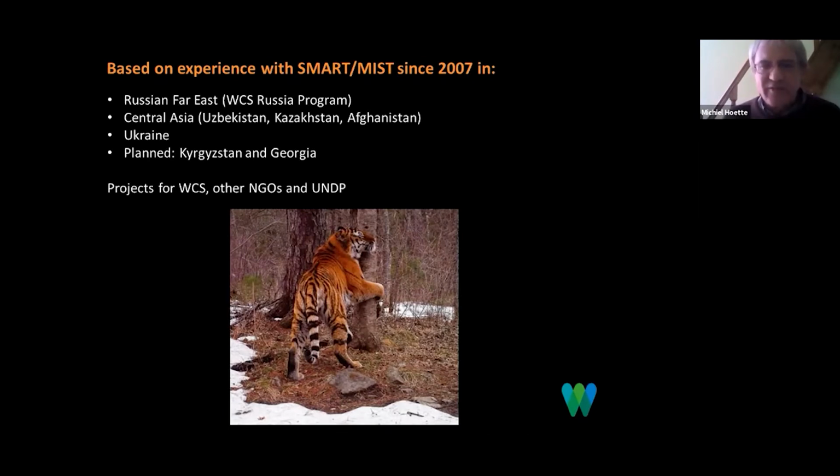I presently have a project for the protection of forests using SMART in Ukraine, and hopefully in the near future I'll also work in Kyrgyzstan and Georgia. So basically, it's a mixture of experience.